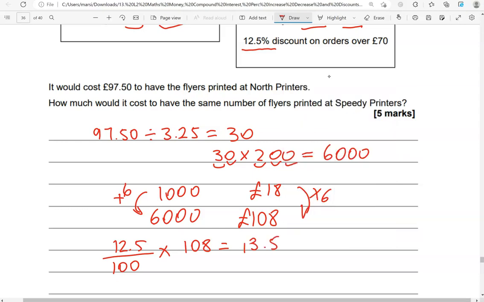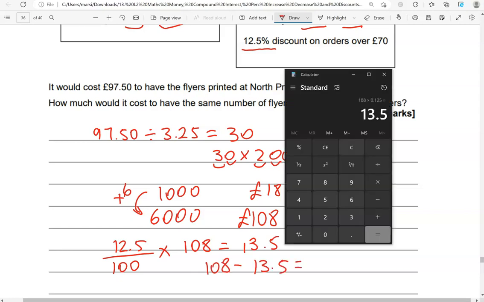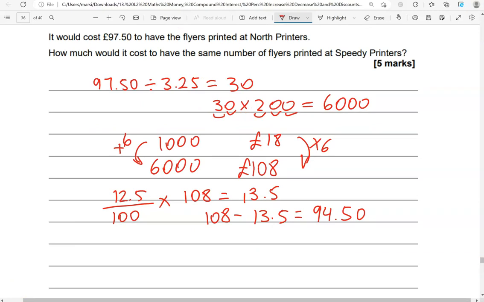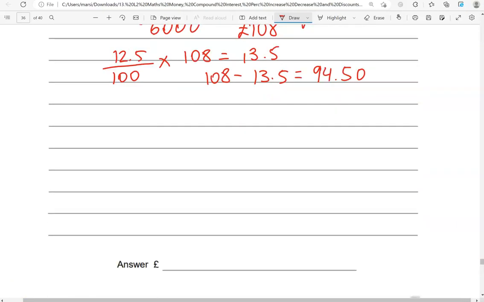So that's the discount. So 108 now, take away 13.5, gives us 94.5. So £94.50. So how much did it cost to have the same number of flyers printed at Speedy Printers? That is £94.50.